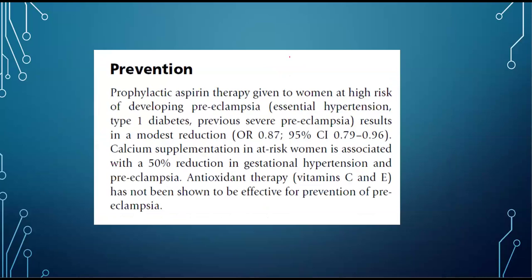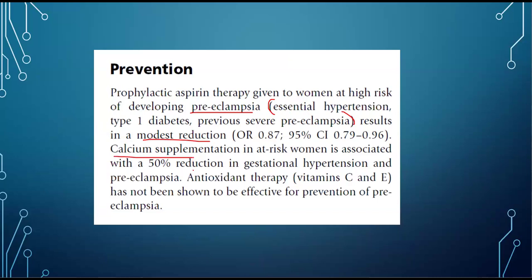So is there any prevention of preeclampsia? According to Lillian Jones, they say that prophylactic aspirin given to women at high risk of developing preeclampsia, especially someone who has already known case of hypertension, type 1 diabetes, previous pregnancy complicated with preeclampsia, can reduce the risk of preeclampsia.